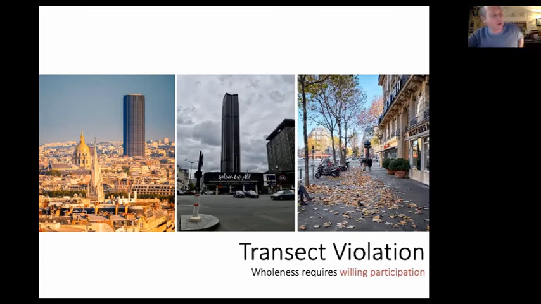And what this really shows you is that wholeness requires willing participation. It requires intelligence. It requires people participating in a comprehensive approach where there is a certain set of relationships between individual components and the whole.